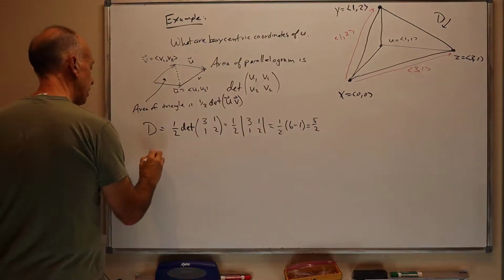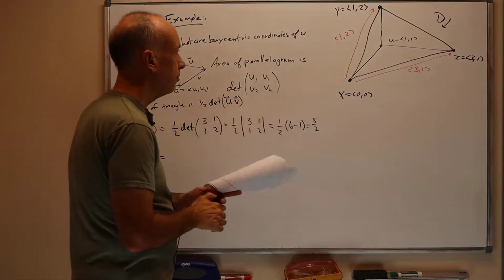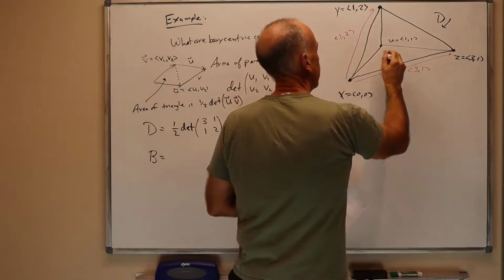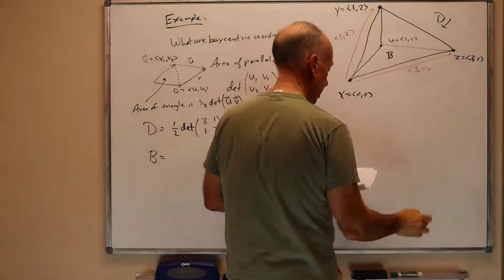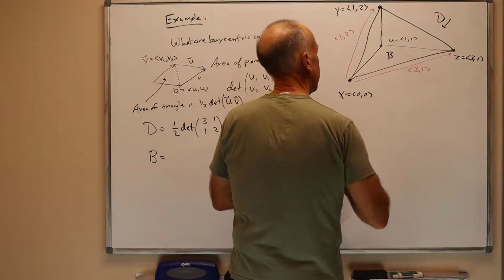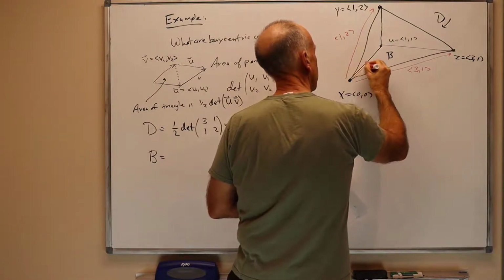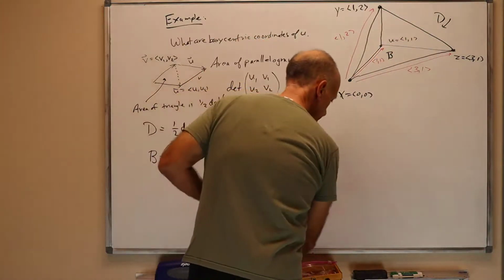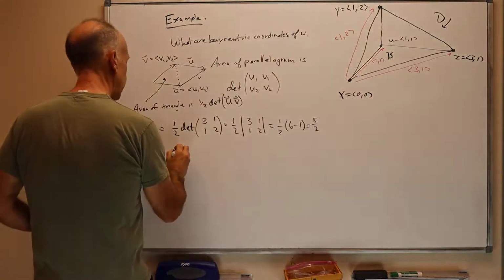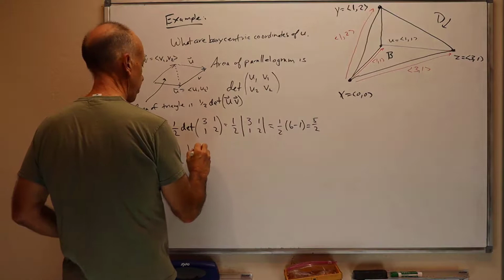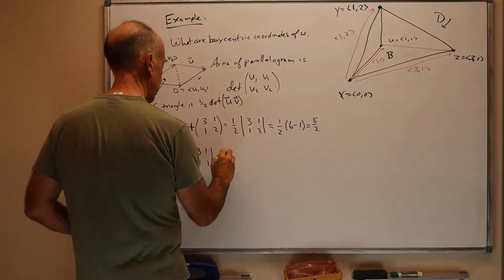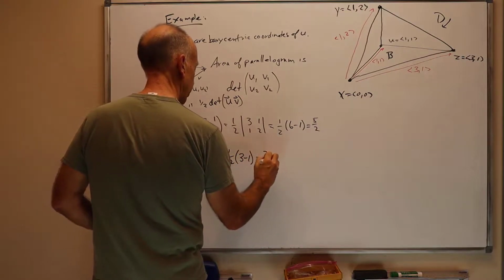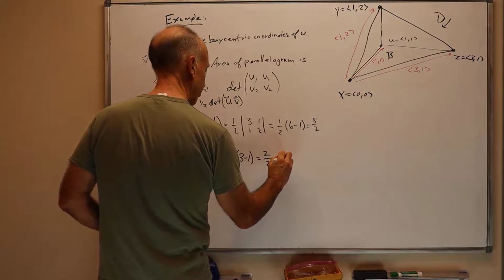The area B, let's work on B here. Remember, this is B because it's opposite Y. One side is 3, 1 and the other side is 1, 1. So area B is 1/2 of the determinant of 3, 1, 1, 1, which is 1/2 of 3 minus 1, which is 2 twos, or 1.